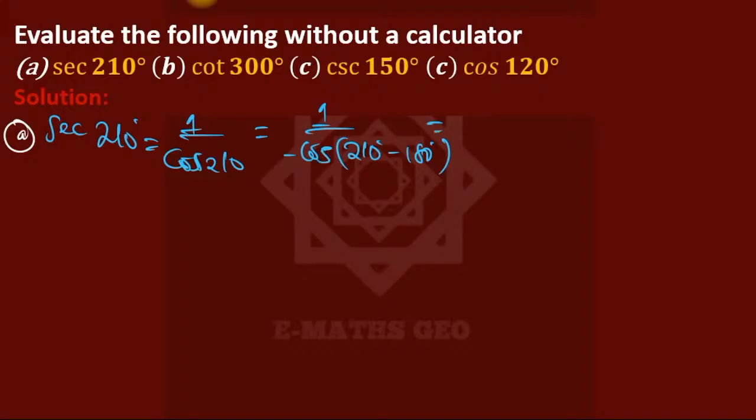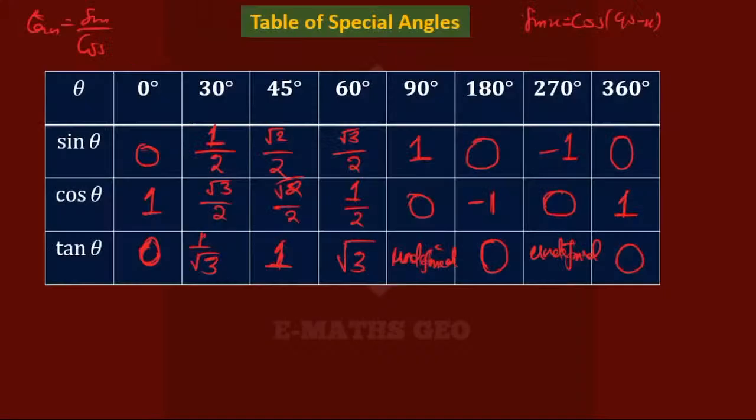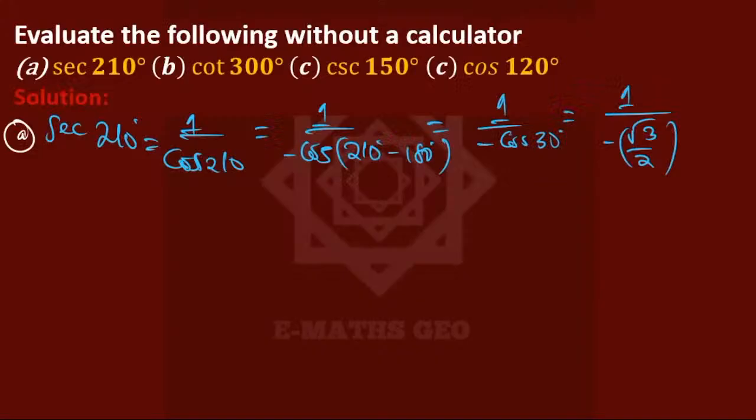So now I have 1 over minus cos. 210 minus 180 is 30. So it's now 1 over minus cos 30. And cos 30, we know from the table, is root 3 over 2.